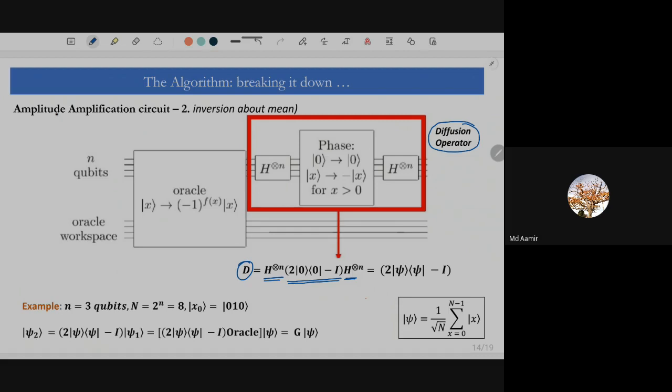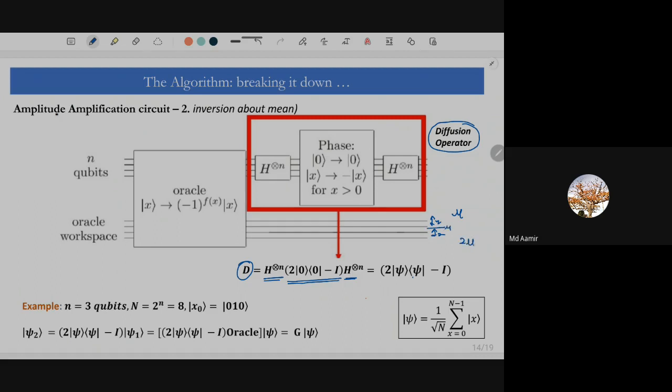We saw this in the previous slides: the inversion about mean has a theoretical representation of 2 psi outer product psi minus I, where psi is this uniform superposition. And how did we get this? We computed the mean mu, and said this distance is x, so this should also be x, and this one is mu.